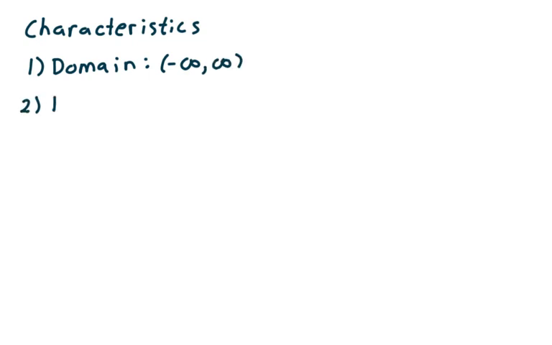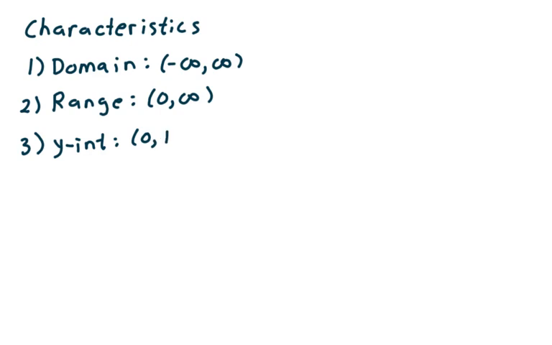Number two, the range is from 0 to infinity. Number three, the y-intercept happens to be (0, 1). So when x is 0, the corresponding y value is 1.